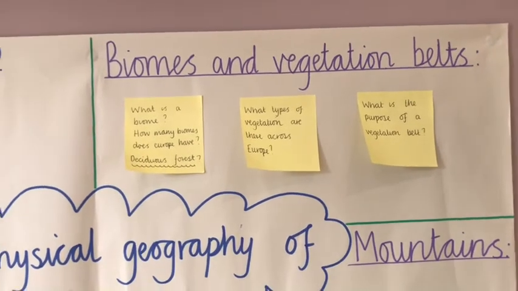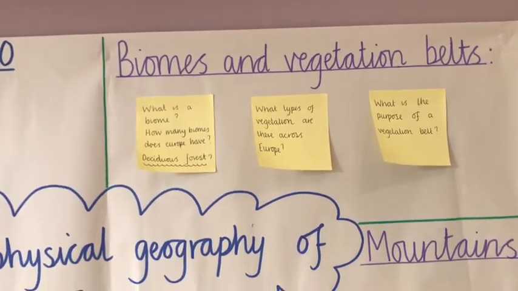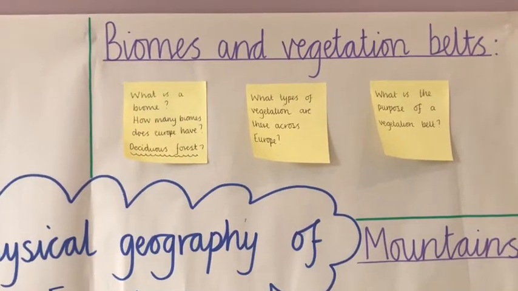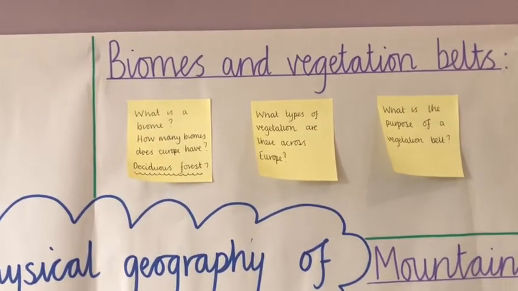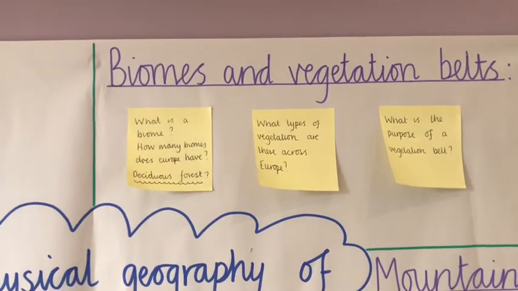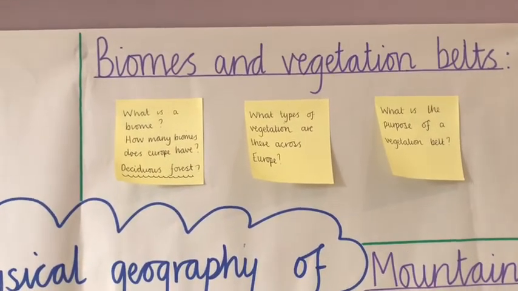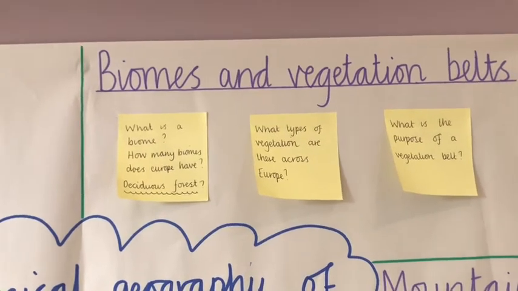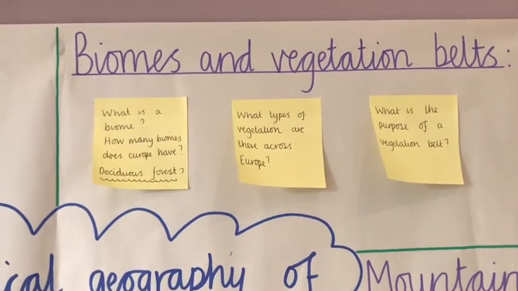So automatically I thought of the rainforest, I thought of the desert. So it was quite a tricky one to think about for Europe. But having done a little bit more research, there is lots and lots of really juicy information. So please take your time on that one. Bear with it and you'll find some wonderful ideas.